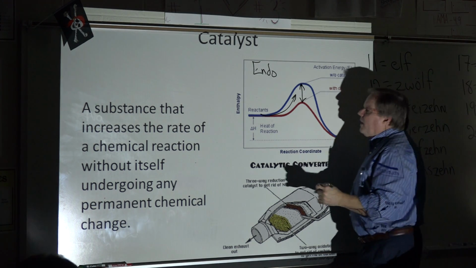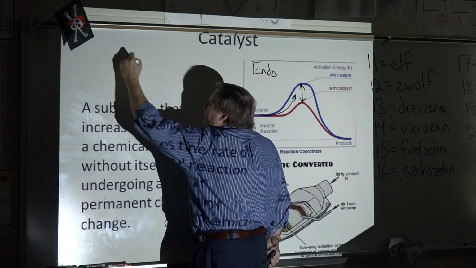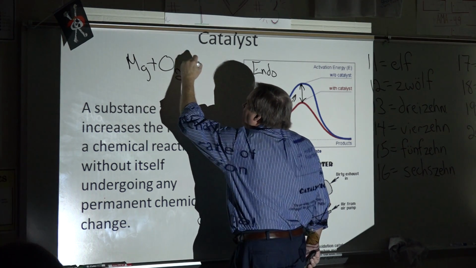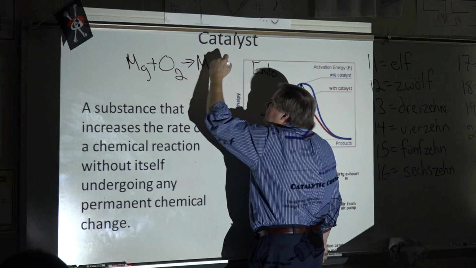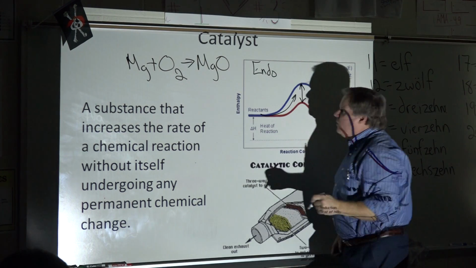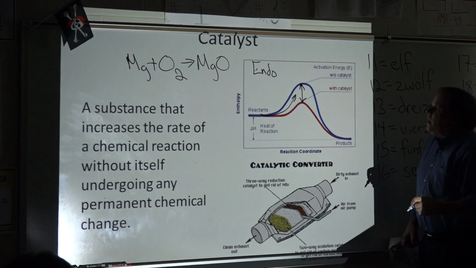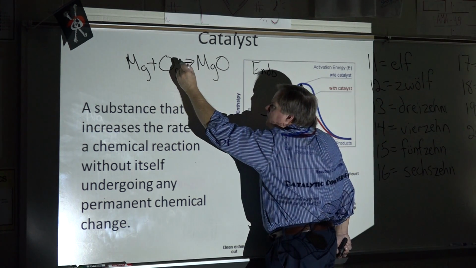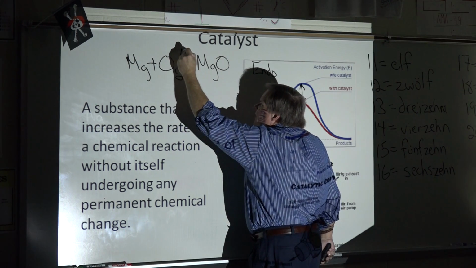As in when we make magnesium plus oxygen yields magnesium oxide, and that's not a balanced equation, but that will do for right now. To get these two things together, we need a lot of heat.